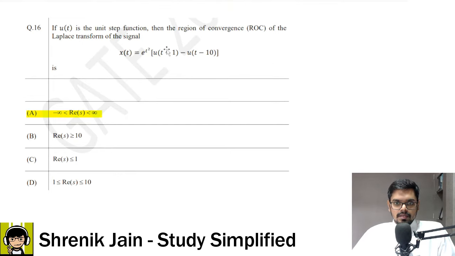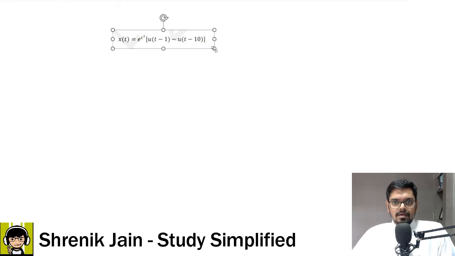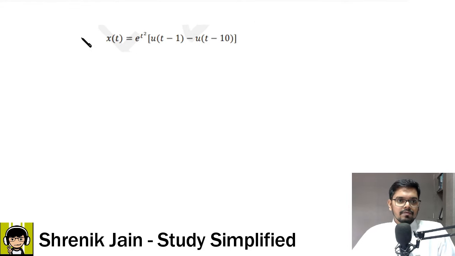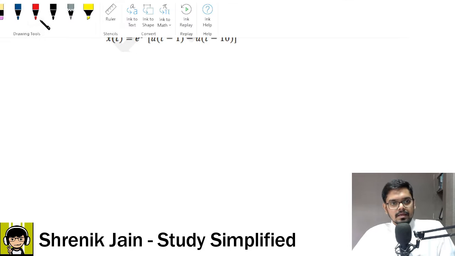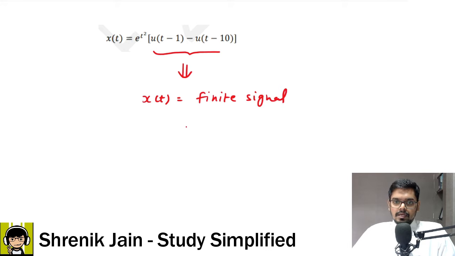It works in this range. Okay, so this u of t minus 1 minus u of t minus 10 will give us a finite signal, right? This calculation gives us the idea that x of t would be a finite signal. If it is a finite duration signal, in that case ROC is the entire S plane.